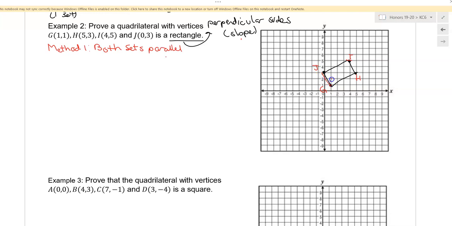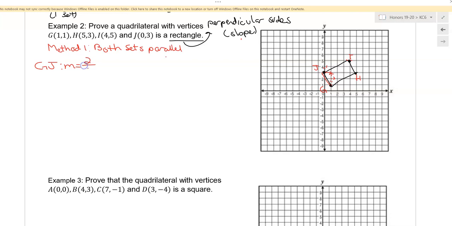I'm going to go up and over, right? Well, I'm going to go up 2 and then left 1. Again, direction matters.